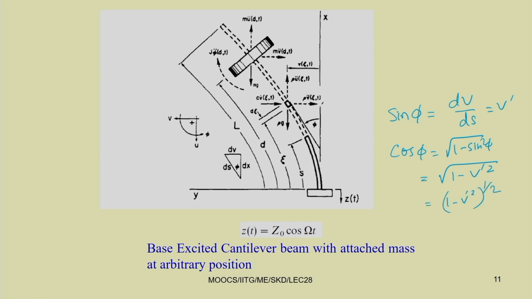So, in this beam, particularly in this vertically base excited beam, we can take a very small element. Let us see what forces are acting on this small element. This is the weight rho g, and then the inertia force, rho u double dot in the longitudinal direction, and rho v double dot in the transverse direction. Damping can also be taken: as the beam is moving towards left, a damping force will act towards right, that is C v dot.